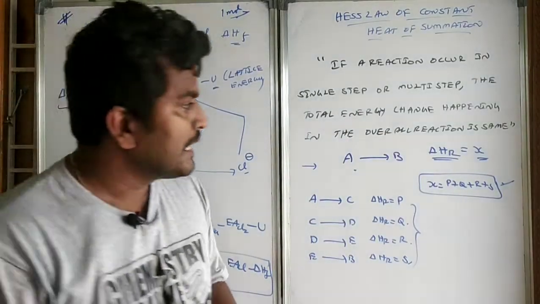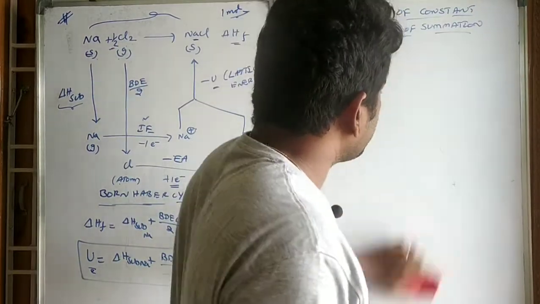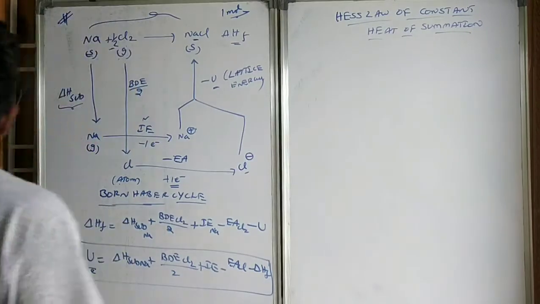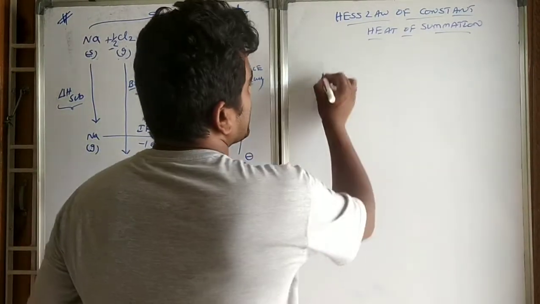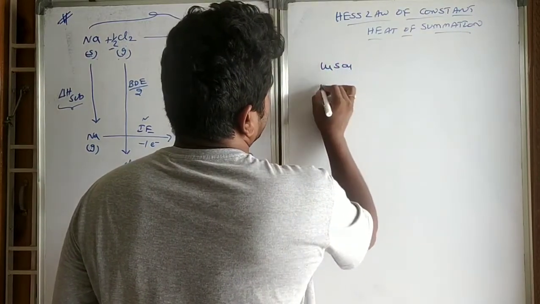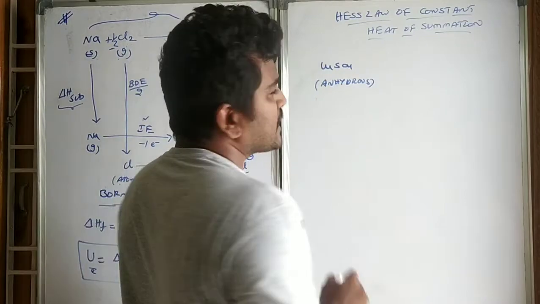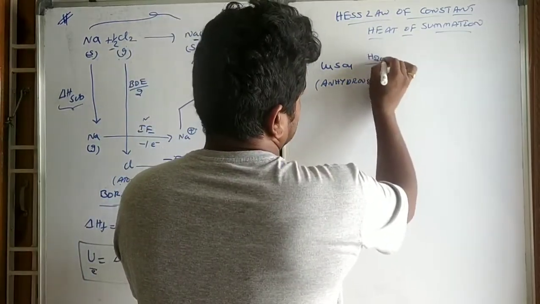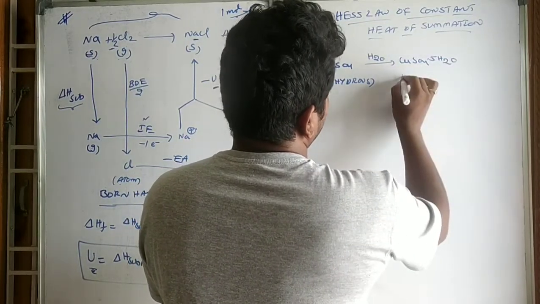Let us see enthalpy of solution. How to find this enthalpy of solution? Already I have explained these things. See, copper sulfate anhydrous: when you take copper sulfate anhydrous and add water, it forms copper sulfate 5H2O.